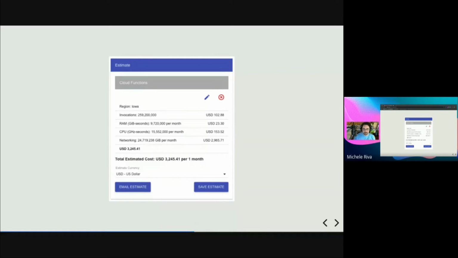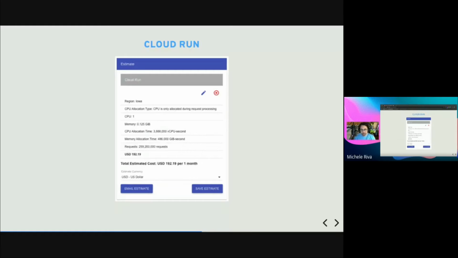Let's try with something else that Google Cloud Platform can provide us. We have Cloud Run. With the exact same amount of requests and memory allocated, it's just the same setup, but we will pay $192 per month, which results in more than $3,000 of savings every single month.